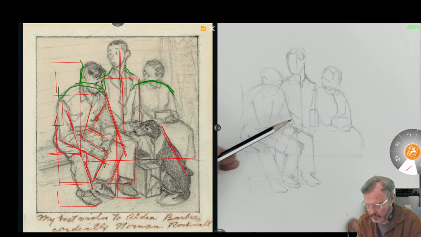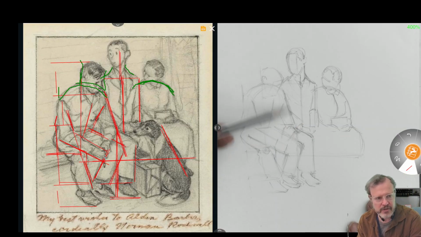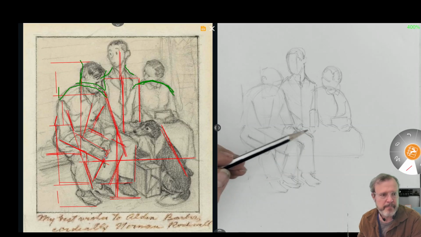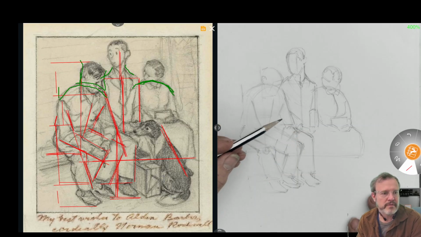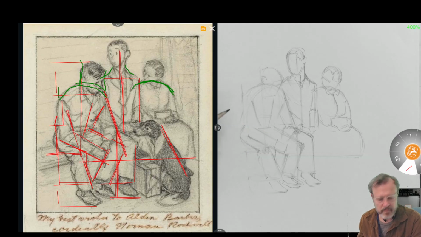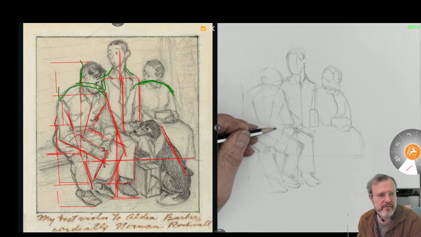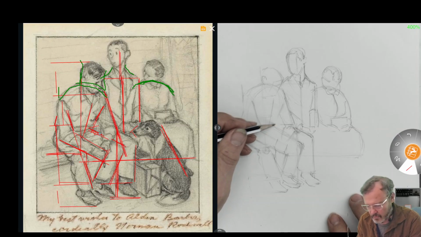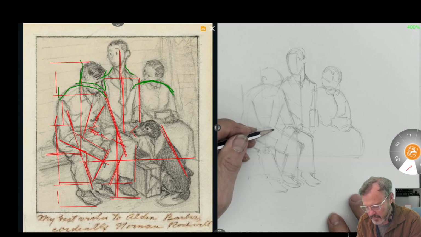And finally, remember this direction, that's the direction of the dog's back. So let's place the dog's head first. See how the dog's muzzle would sort of line up with this crook between Dad's rib cage and thigh.